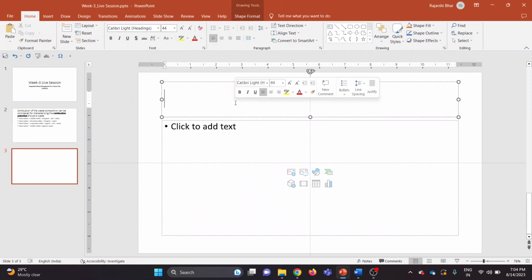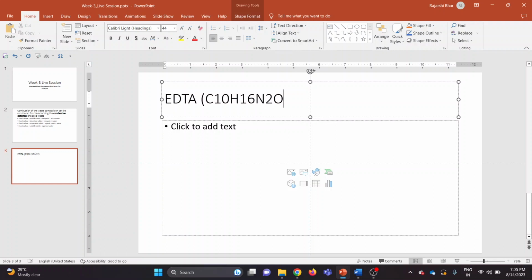Here, we have a chemical known as EDTA, and you have to calculate its heating value. So I will just type the name EDTA. Its chemical formula is C10H16N2O8.